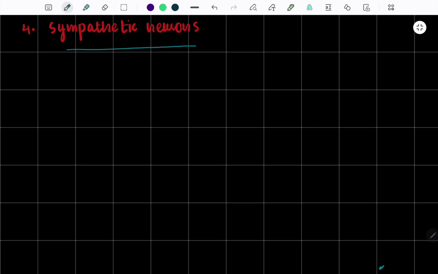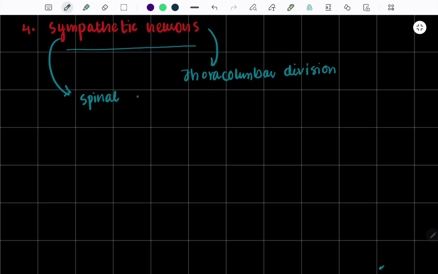Sympathetic neurons are basically also known as the thoracolumbar division, right? Because these are the neurons that originate from spinal cord segments. And from which segments?